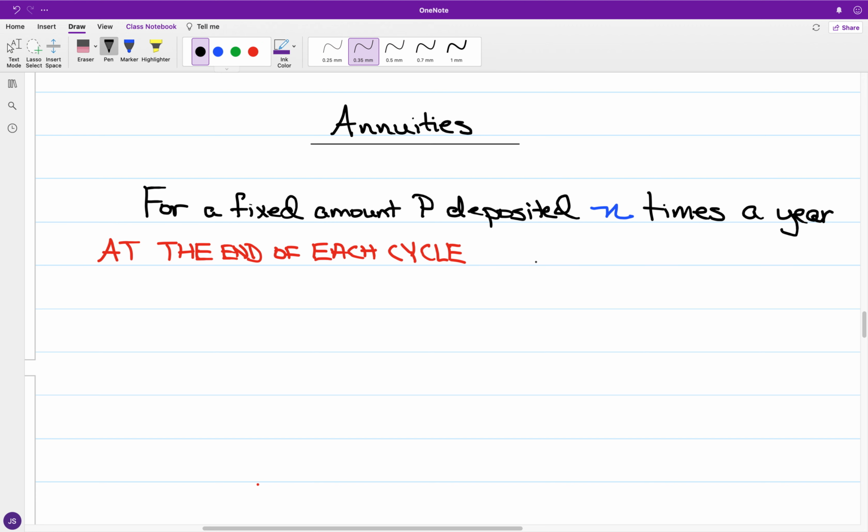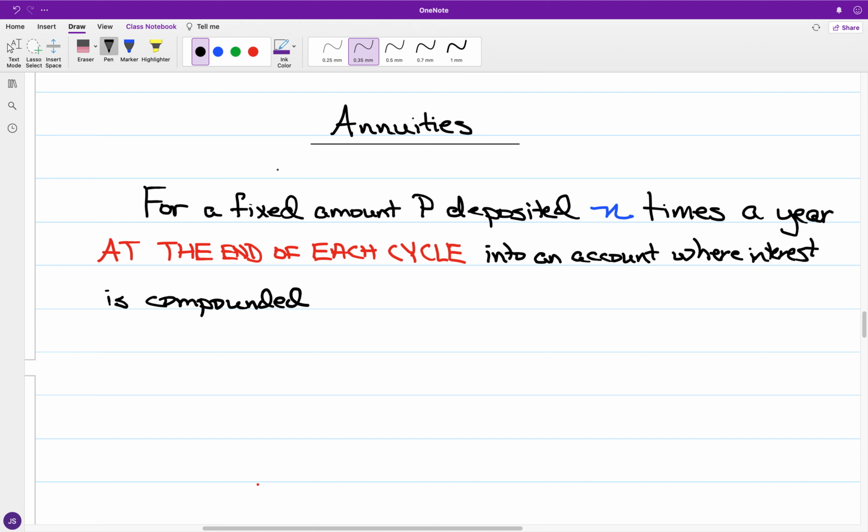And we have into an account where interest is compounded again n times a year.